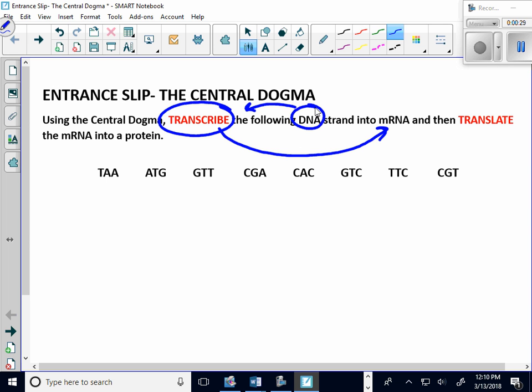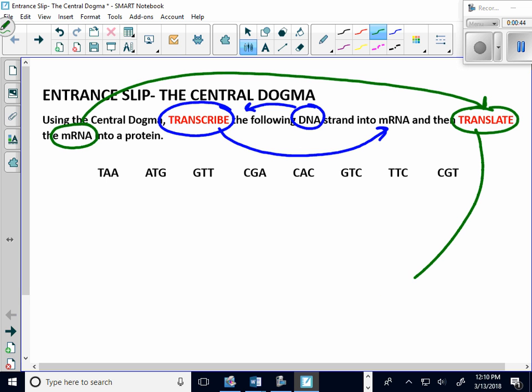DNA is transcribed into mRNA, and then the mRNA is translated into the protein, right? The central dogma, DNA to RNA to protein.